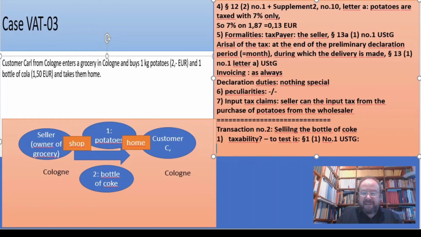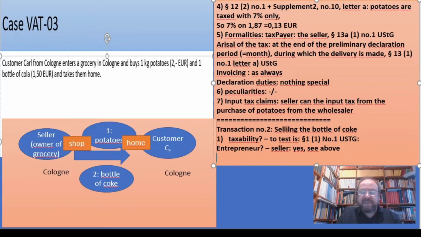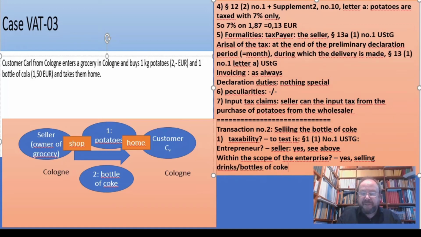So we have again the entrepreneur, and the seller is an entrepreneur. See above, he didn't retire in the meantime. Within the scope of the enterprise activities, yes, selling drinks, bottles of Coke is part of the business of a grocery food shop.